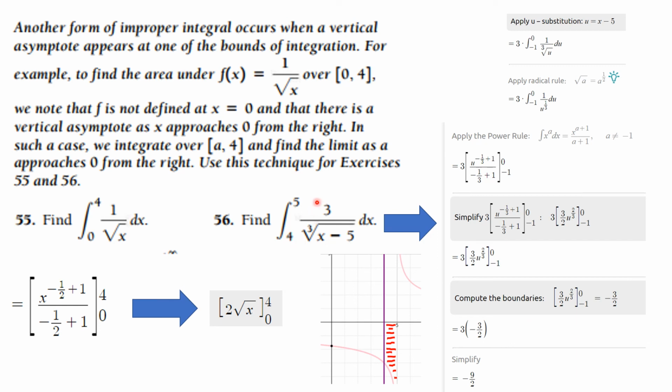We're going to say this is the integral from 4 to b, and we're going to take the limit as b goes to 5. And we compute that, and at the end, here are the steps, we're going to get minus 9 over 2. And of course, this is the area that we're finding, and that is a finite area.